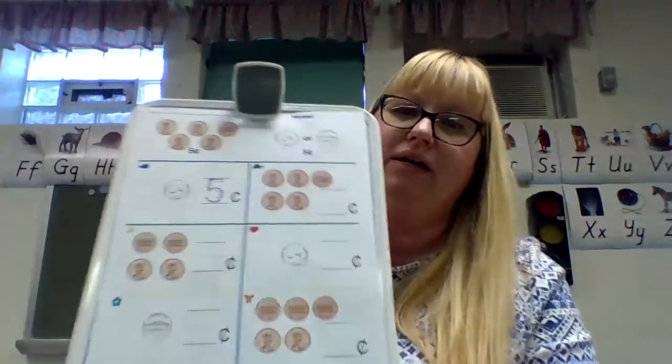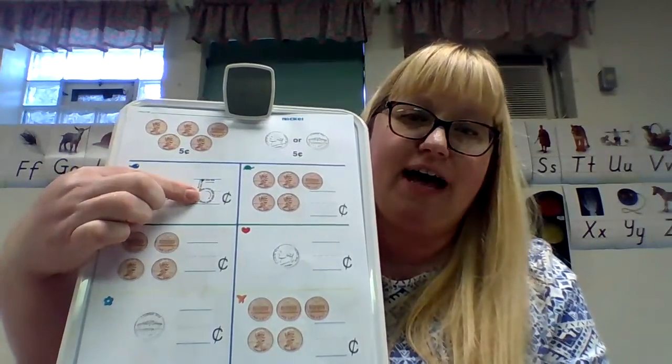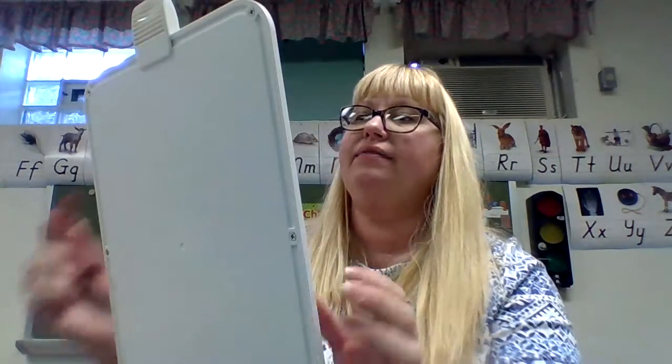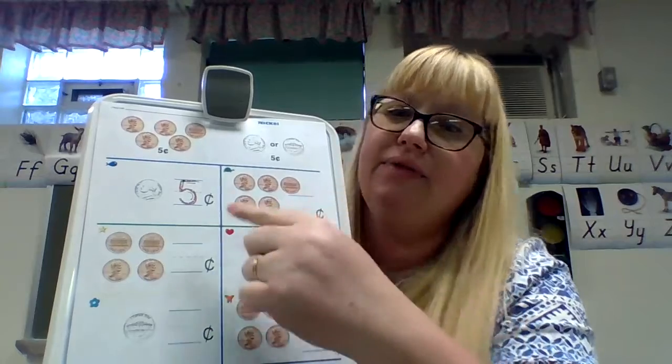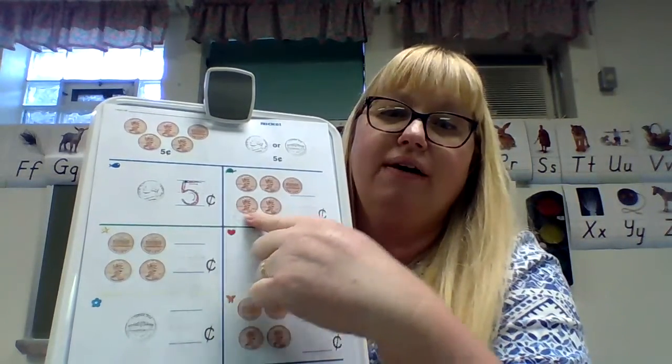All right, so a nickel is worth how many cents? 5 cents. So trace your 5. Trace your 5, and then I want you to count. We're going to go over here to the green turtle. How many pennies do I have here? Let's count them. 1, 2, 3, 4, 5.